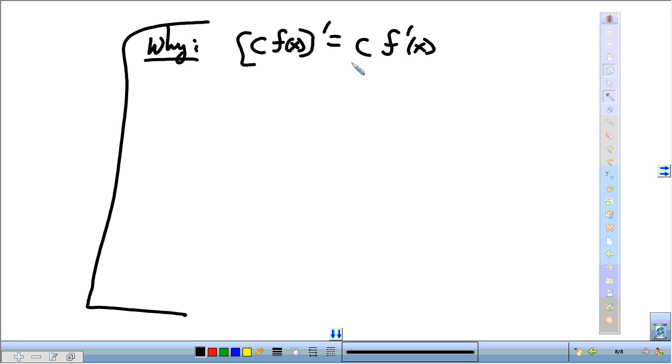Now, I gave some rules, like a constant times an expression. We could differentiate either after multiplication or before. We might ask, well, where does that come from? So, a real quick look at that.